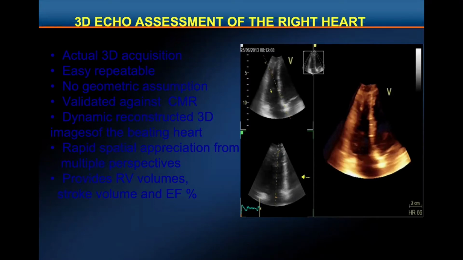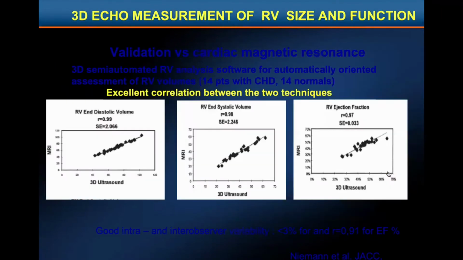We could dynamically reconstruct the 3D images of the beating heart. There is also rapid spatial appreciation from multiple representative perspectives, and it provides the volumes, the stroke volume of the right ventricle, and we can also analyze the ejection fraction.